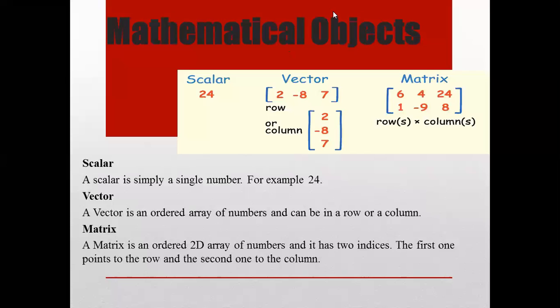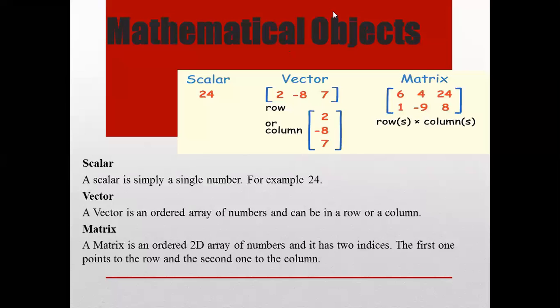Then the third one is the matrix. A matrix is an ordered two-dimensional array of numbers, and it has two indices. The first one points to the row and the second one points to the column. For example, in this matrix, if I say m2,3, it means the value in the second row and the third column.